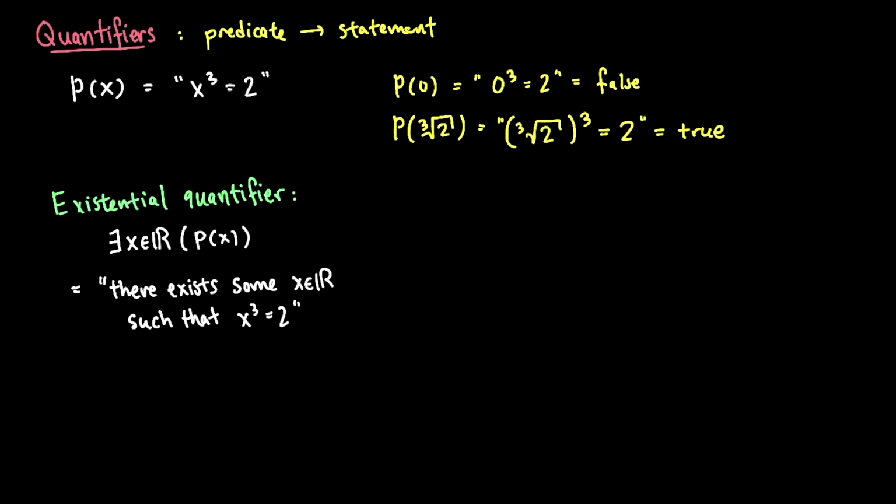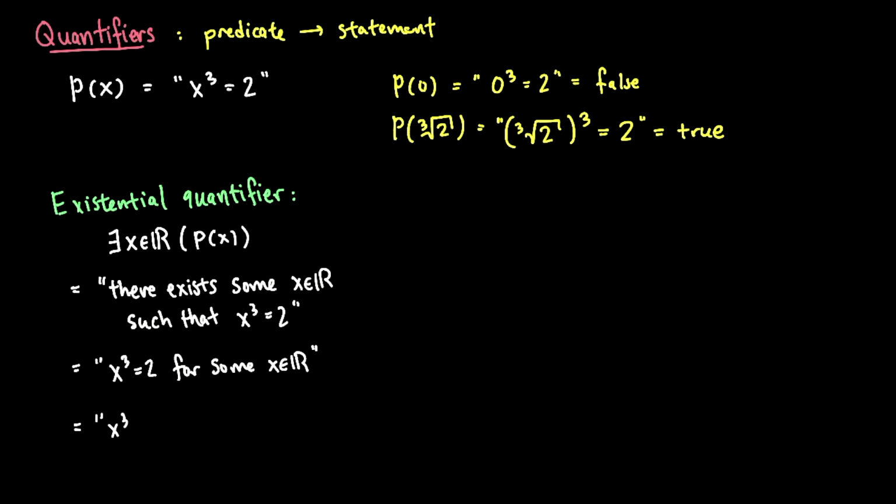Another way to read it would be, x cubed equals 2 for some real number x. An even different way to read it would be x cubed equals 2 has a solution, x a real number. There's multiple ways to read this sentence out.